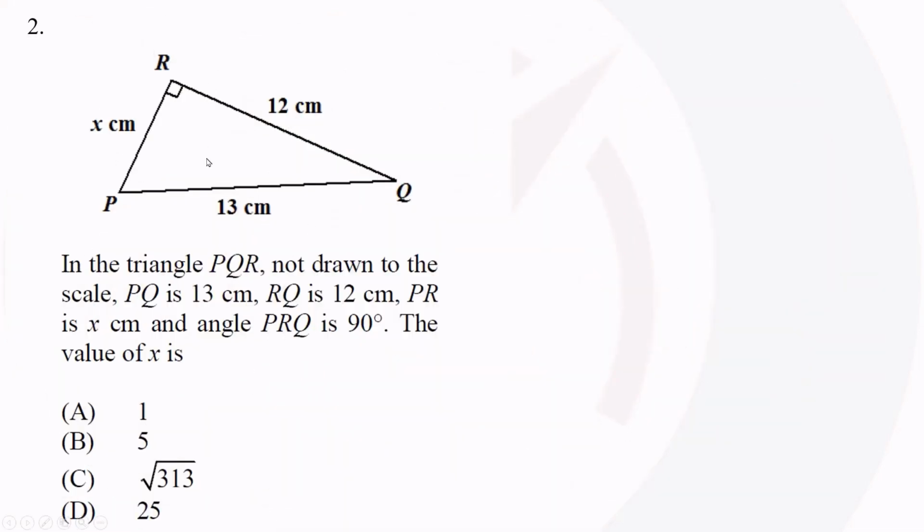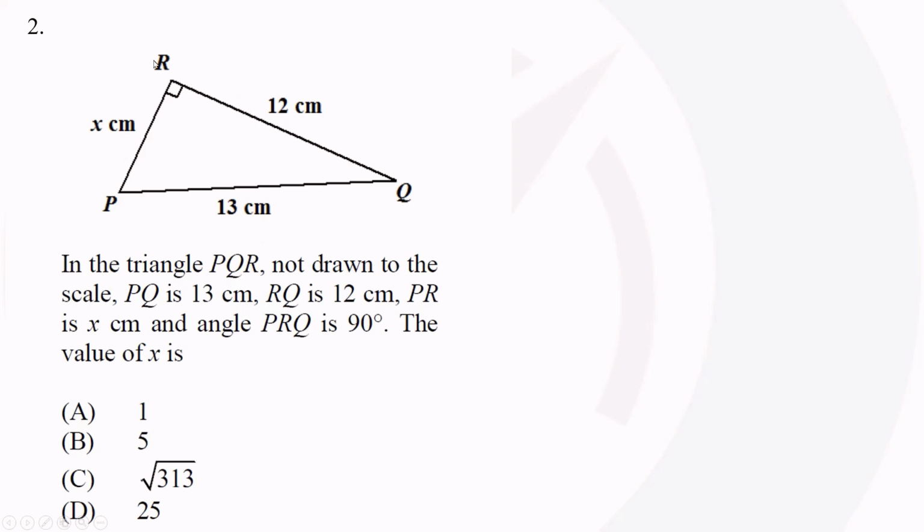Alright, question 2. In the triangle PQR not drawn to scale, PQ is 13 cm, RQ is 12 cm, PR is x, and the angle PRQ is 90 degrees. The value of x is... you could find x two ways.